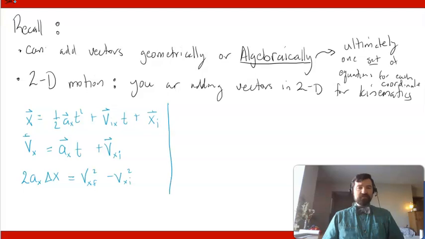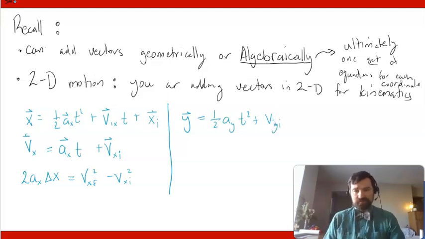And then we should expect a whole second set of equations. So this right here is one set of equations. This goes with the x's. We expect the whole second set of equations to go with the vertical part. y equals 1/2 a_y t squared plus v_y initial times time plus y initial.